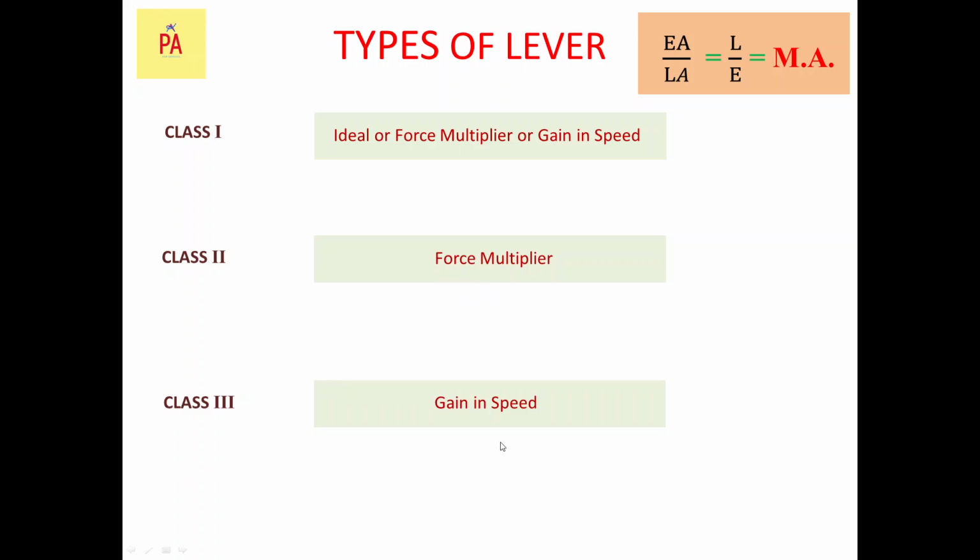Similarly, in class 3 lever, they may ask why it is not a force multiplier, or why it only acts as gain in speed. There you need to tell the same thing: in this case the load arm is more than the effort arm, so mechanical advantage is less than 1, and so the reason is validated that class 3 lever is basically a gain in speed machine.